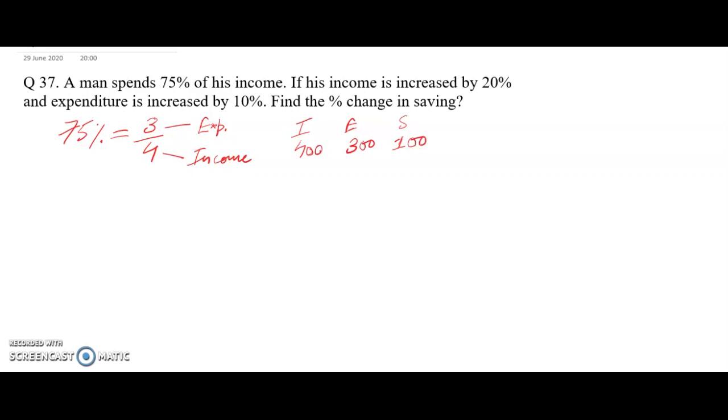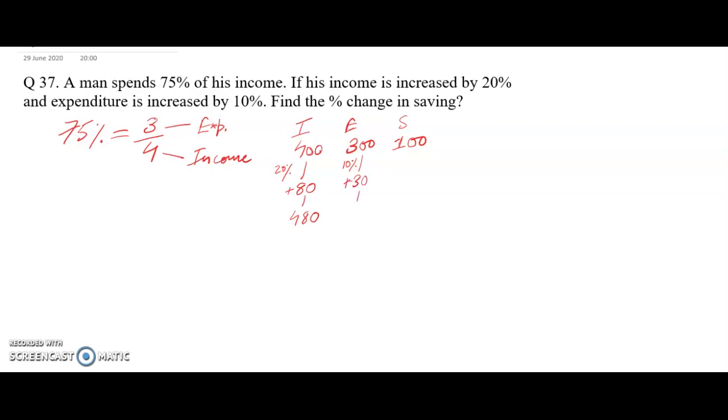Now in the question it says income is increased by 20%. So 20% of 400 will give us 80. So the new income will be how much? 480. And his expenditure is increased by 10%. So 10% of 300 will give us 30.